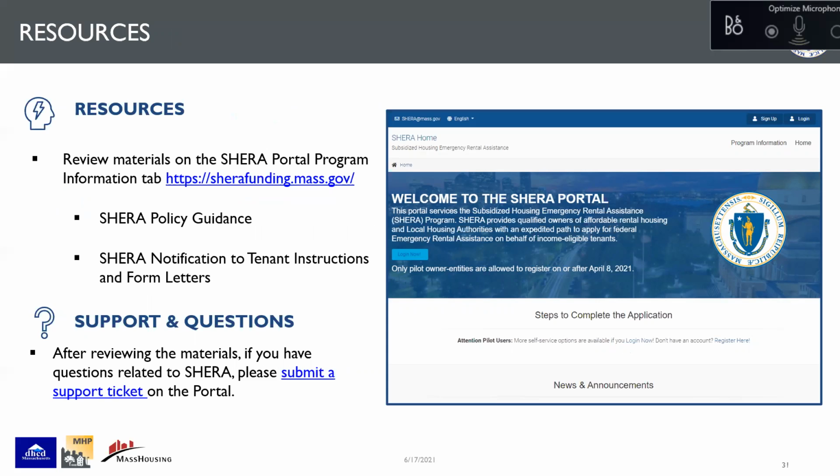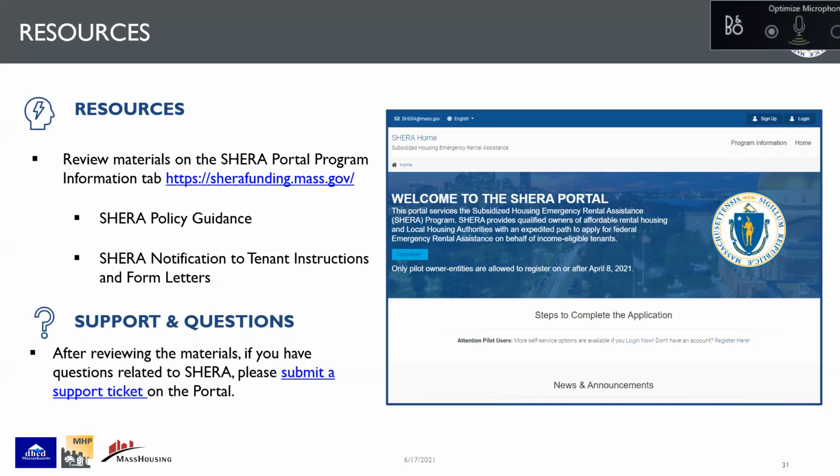So for resources, we strongly encourage you to visit sherafunding.mass.gov. That will take you to the actual SHERA portal. And there is on the portal a link where you can visit our webpage with policy guidance, as well as template notifications and form letters that you can use while implementing the program.